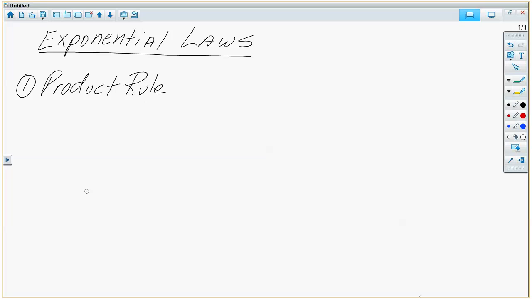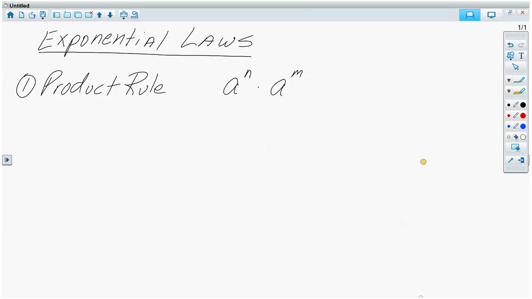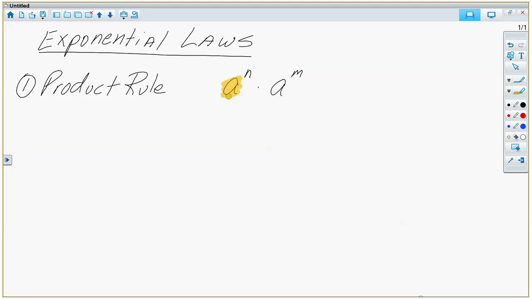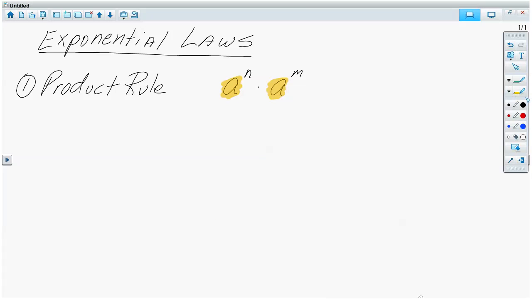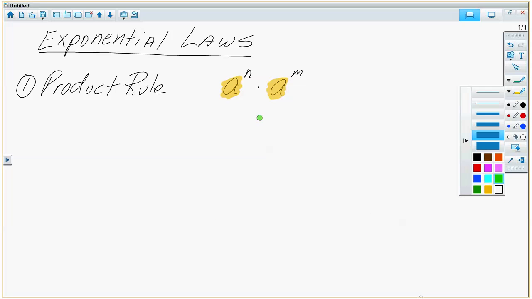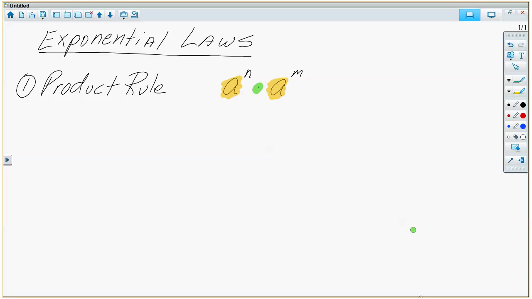The product rule says that if I have two terms and they have the same base, and the same base means these are the same, and I am multiplying, what do I do to the exponents?